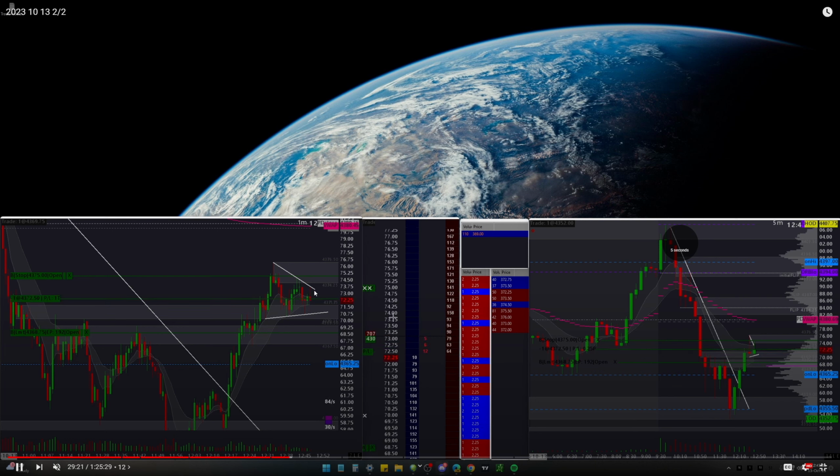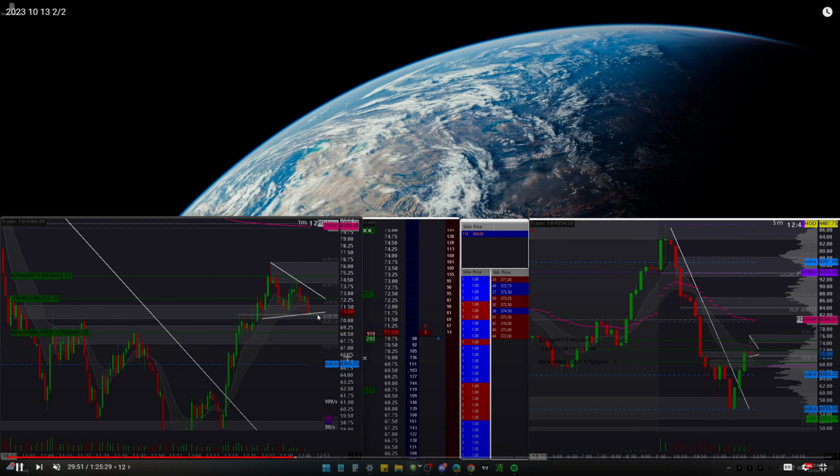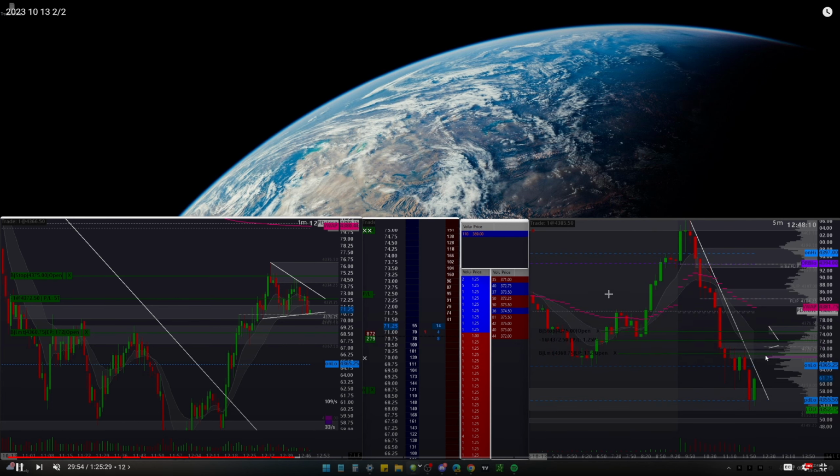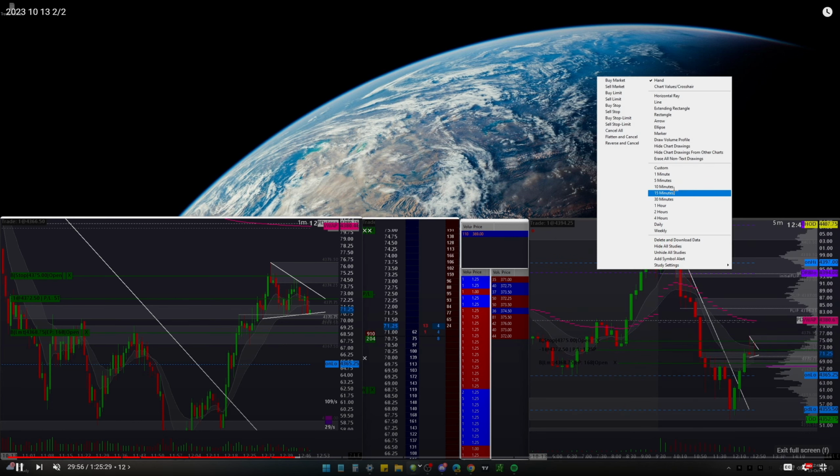So going against me in this wedge, respecting the wedge. Looks like we're gonna lose it here. Kind of looking like a topping candle.